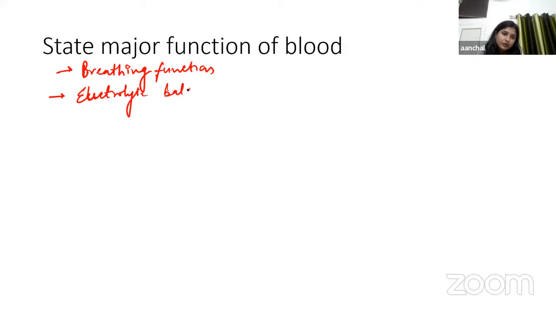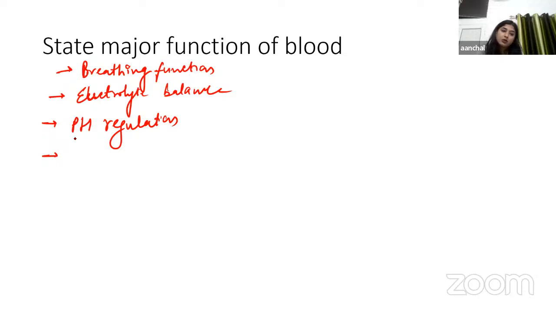Then, state the major functions of blood. Already we discussed that it plays a very important role in breathing. Then we learned about electrolyte balance. Then pH regulation with the help of various proteins.